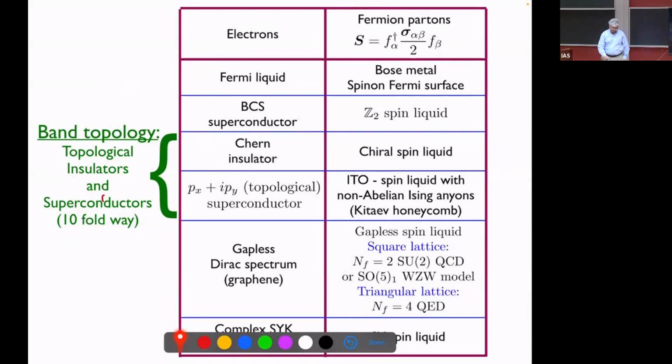And the other effect is due to gauge fields. And the interplay between these two is amazingly rich. You get a huge variety of phases, well beyond the simple Z2 spin liquid we talked about. Okay. All right, so now I'm going to use the board.